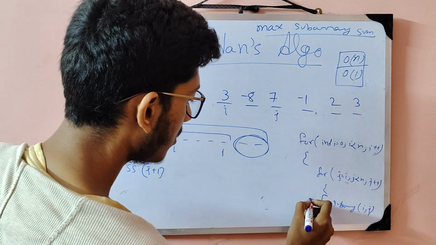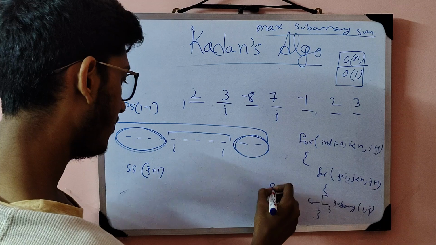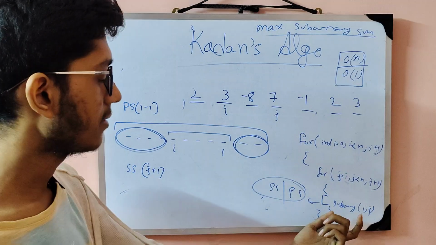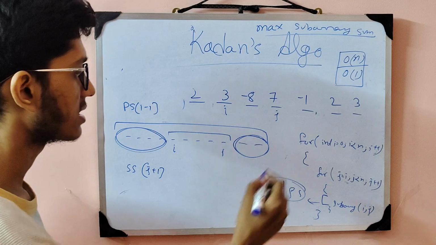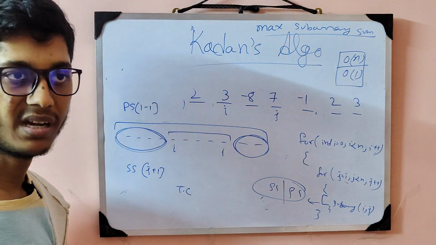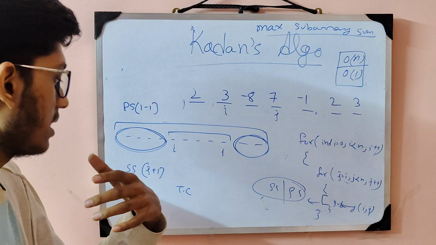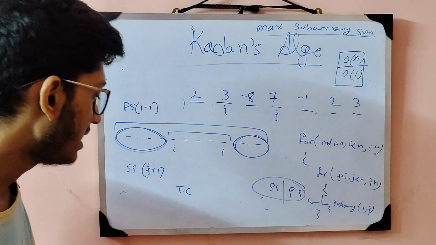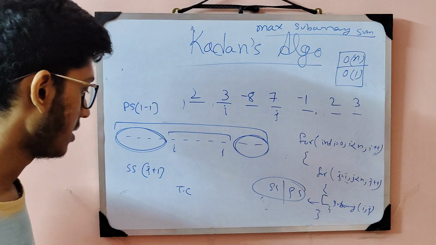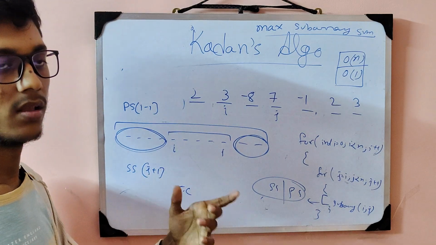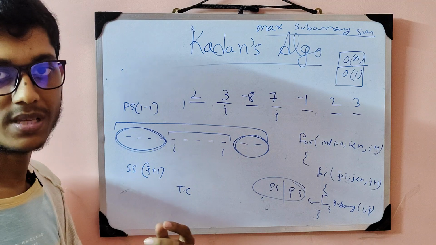So here we will pre-compute the prefix sum and the suffix sum, and we can get the answer in constant time complexity. So although our space complexity is big O of 2n, if using space you can reduce your time, do that. It is much more convenient, because nowadays we can use a lot of space.